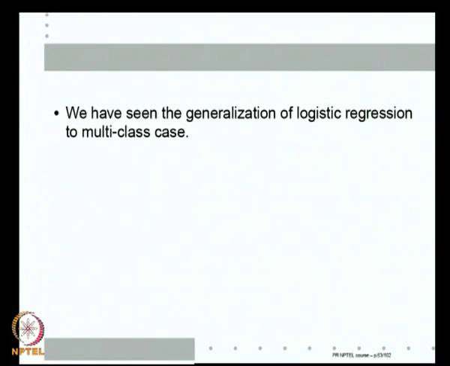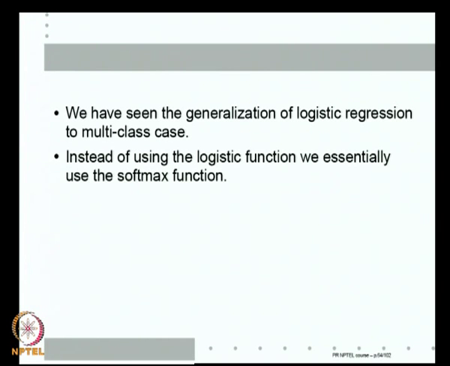It is a little more complicated than generalizing least squares regression, the simple least squares regression classification. But the basic idea, as we have seen, is that instead of using the logistic function in the posterior probability modeling, we are using a softmax function, which is also quite straightforward.